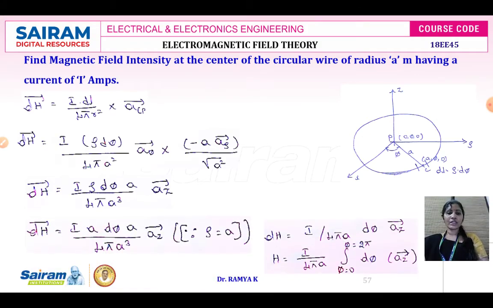On substituting, we get the value of H as I divided by 2 pi a times 2 pi, that is I divided by 2a. This is the final expression for the magnetic field intensity at the center of the circular wire of radius a meter carrying a current of I amps.